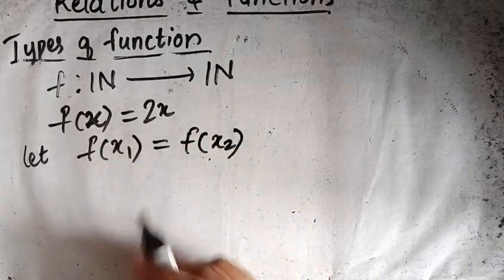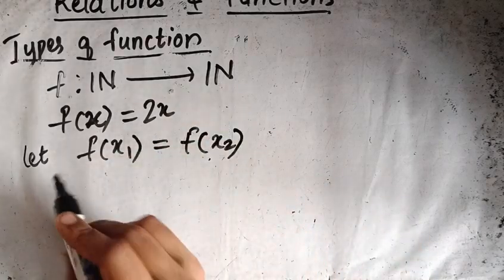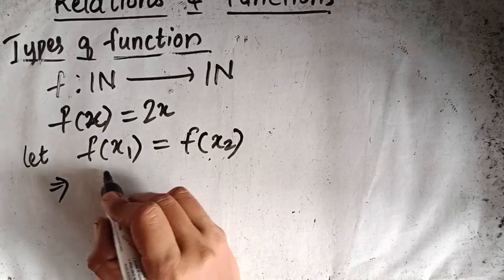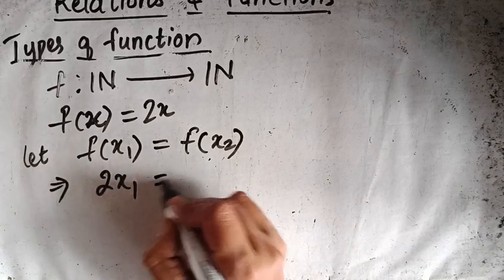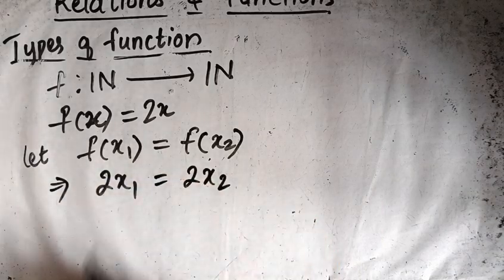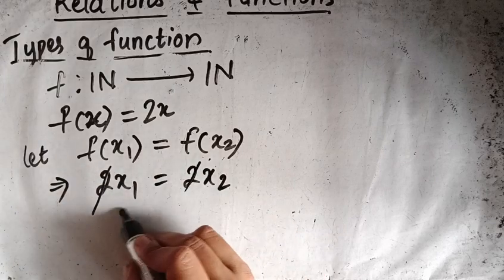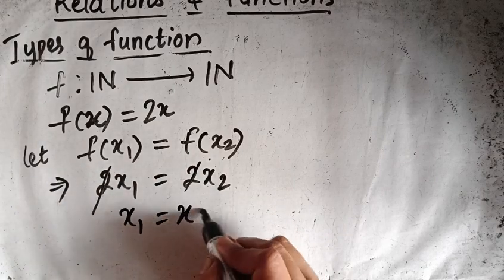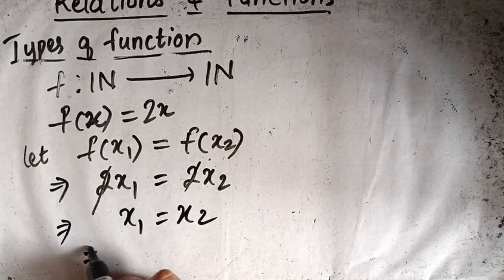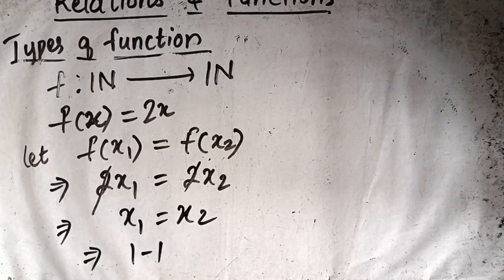Okay, two elements in the set y are equal. This implies that 2x1 is equal to 2x2. Okay, now this 2 gets cancelled and you will get x1 equal to x2. So this implies that it is 1-1.